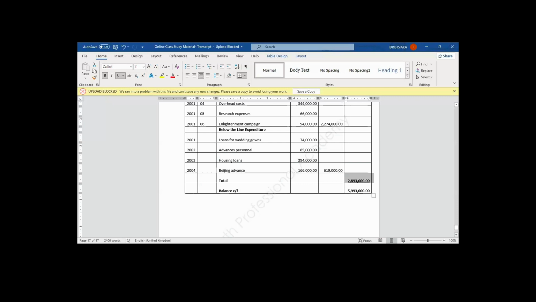If they don't separate it, virtually 95% of the students may be confused. But students that understand very well, when you see below the line expenditure or below the line revenue, you will know. If I were you, if I see anything relating to loan, advance, I will know that this thing is either below the line revenue or below the line expenditure. It depends on the side that they put it.